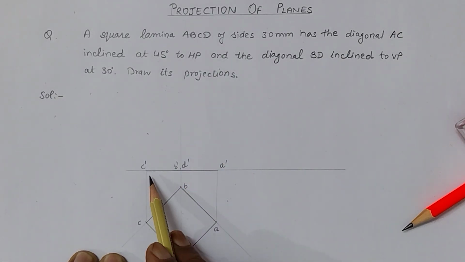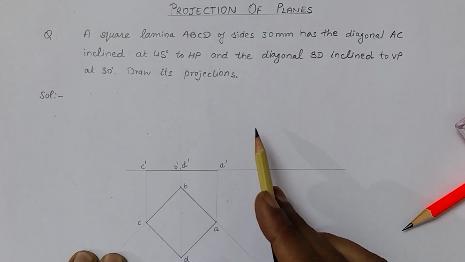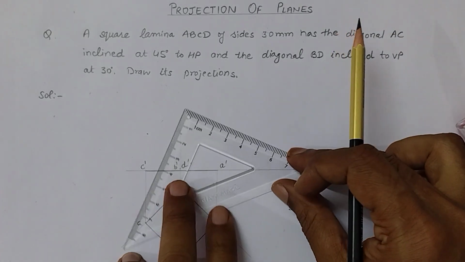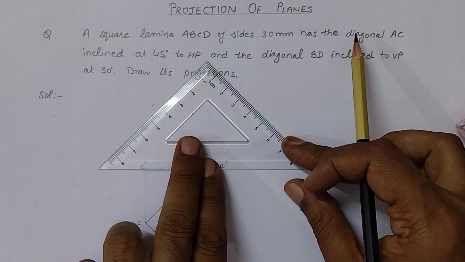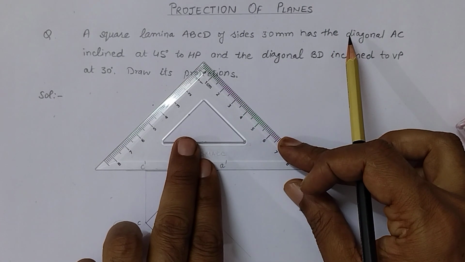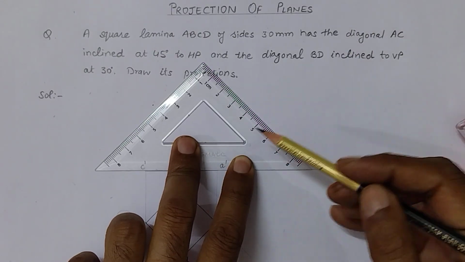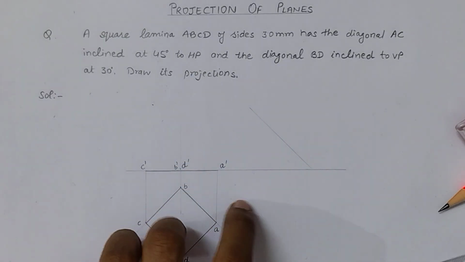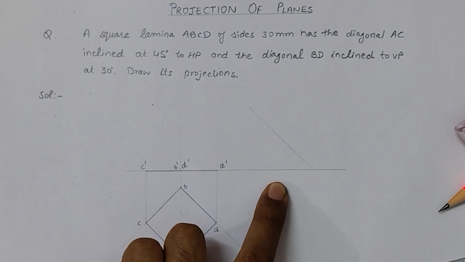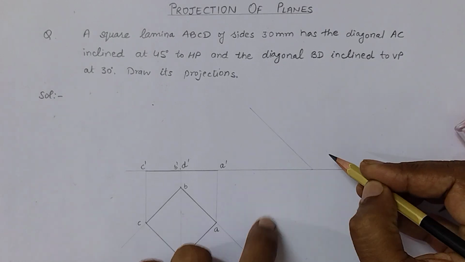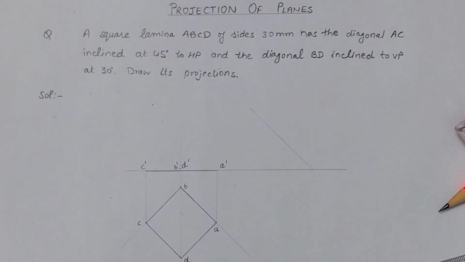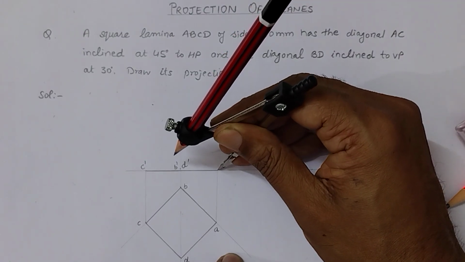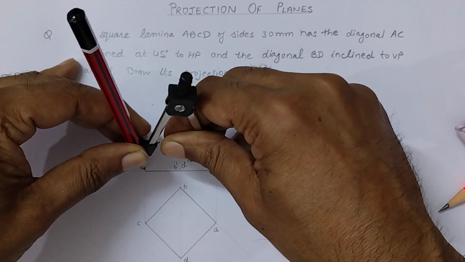Now we have to incline this front view at an angle of 45 with HP. So now draw an inclined line at an angle of 45 with HP. So on this line cut a distance equal to the distance we are getting in the front view, that is the distance between A dash and C dash.